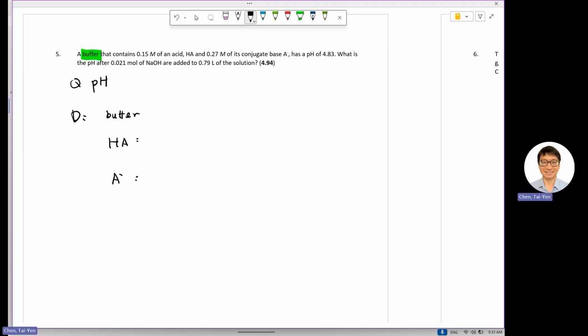For your HA, you have 0.15 M. For your conjugate base, it is 0.27 M. The total volume of your buffer equals 0.79 liter, and the pH equals 4.83.